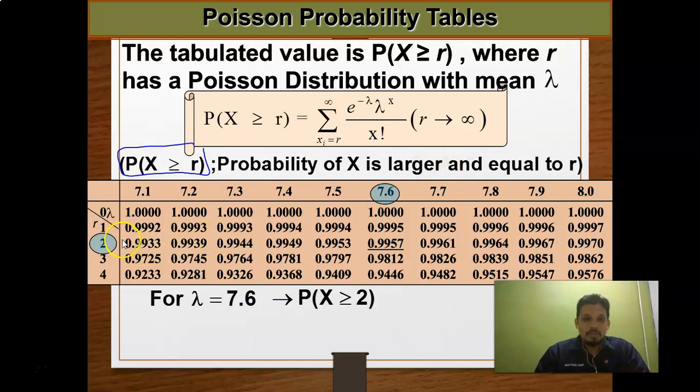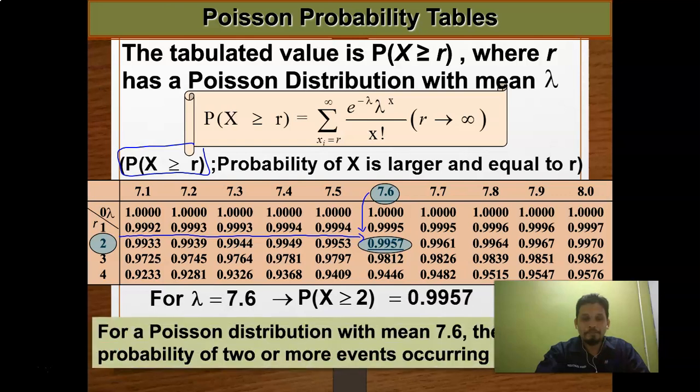Look at this, it is 0.9957. Then the probability of 2 or more events occurring is 0.9957.